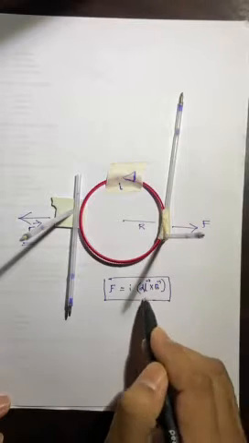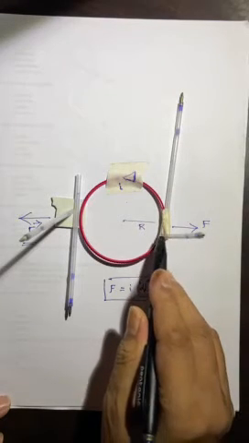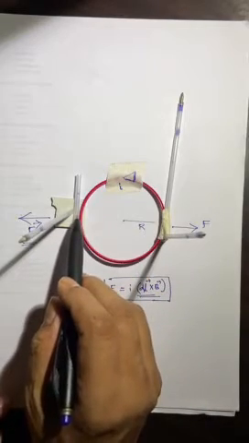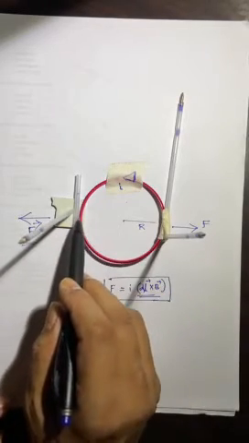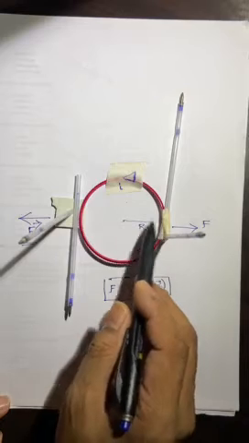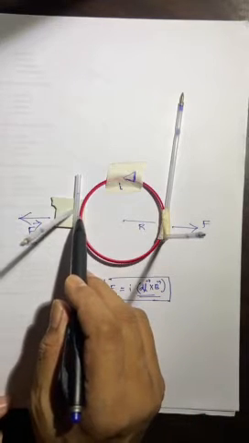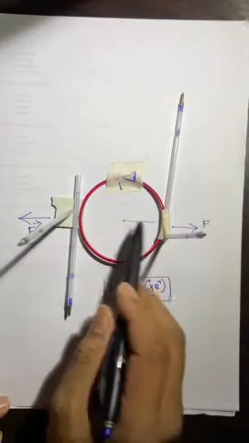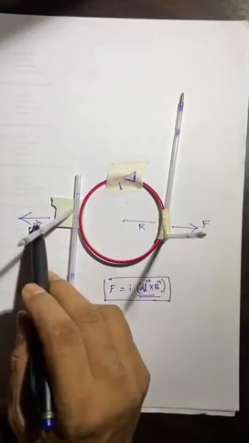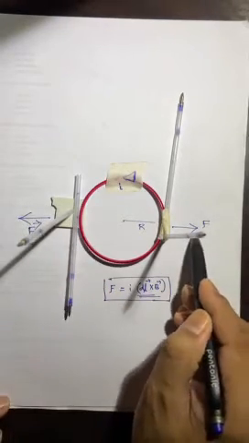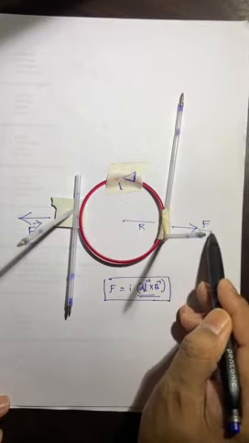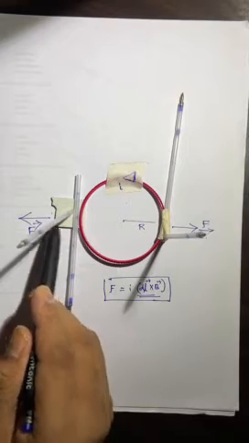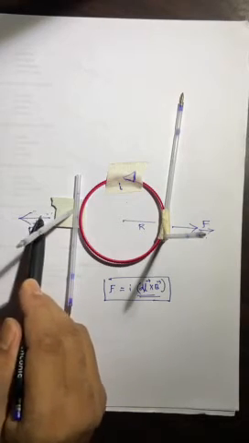So the force due to this dl will be in the opposite direction when you take that length opposite to that particular point. So the force on the other side will cancel this force, since it is in the opposite direction.